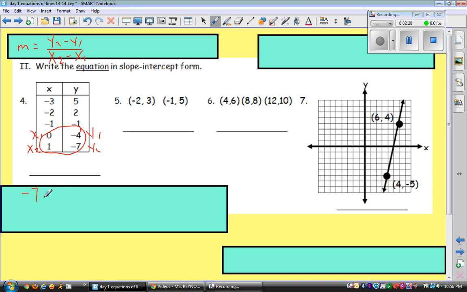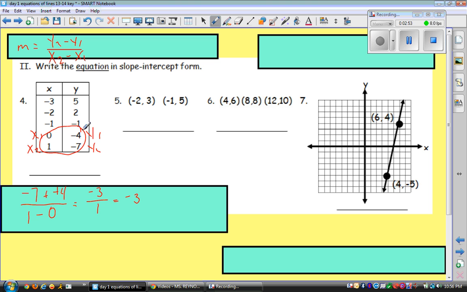y2 is negative 7 minus y1 is negative 4, divided by x2 is 1 minus x1 is 0. So 2 negatives together always make a positive, so you have negative 7 plus 4 giving you negative 3. 1 minus 0 is still 1, giving you a slope of negative 3.